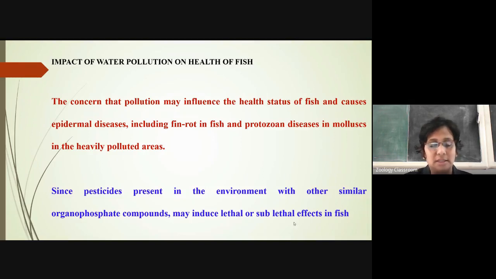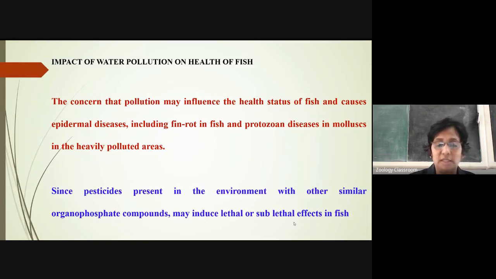These are related to the release of chemicals, for example hydrocarbons, pesticides and heavy metals also. So these enter that watery environment, and this can affect the body of fish.